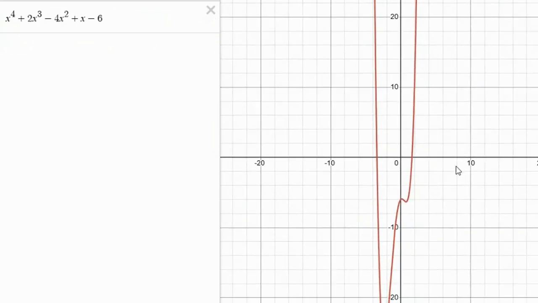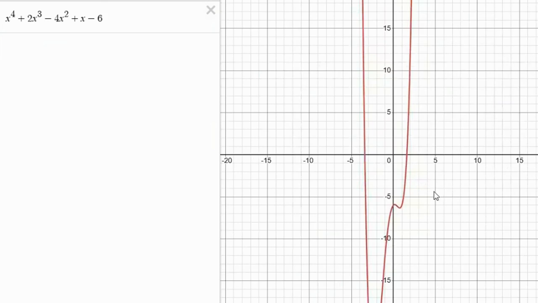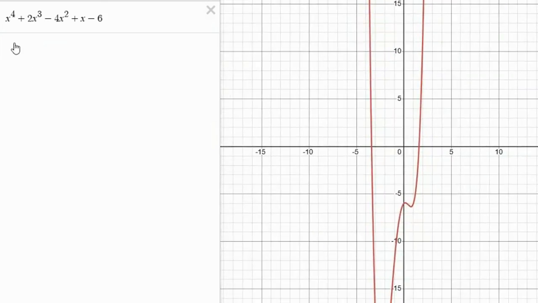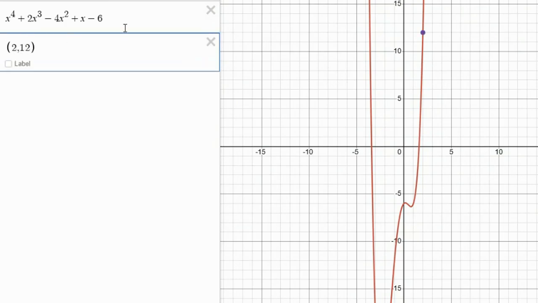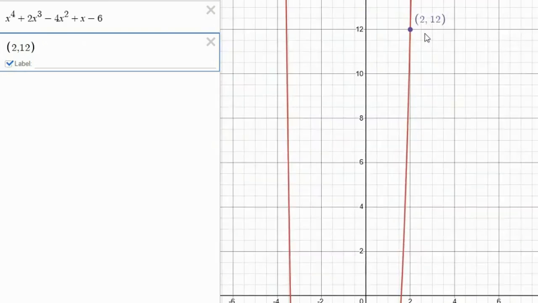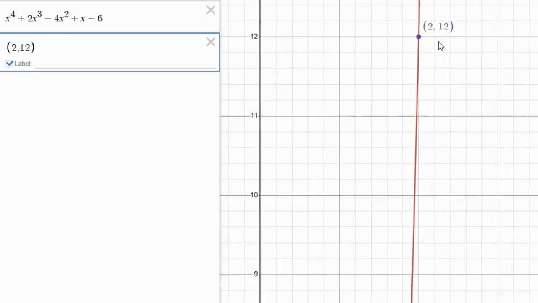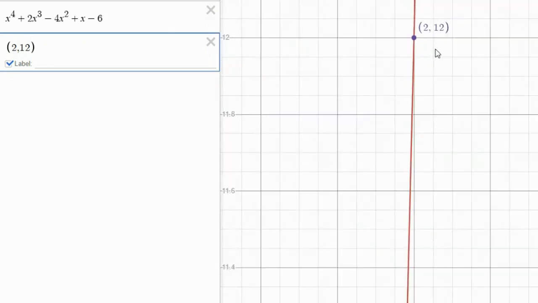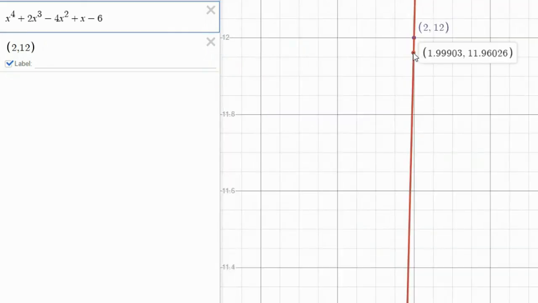And we said that on the graph of this function right here, we divided by x minus 2, we have a remainder of 12. So we're saying the point (2, 12) is on the graph. And looky there. That is actually a point on the graph. (2, 12) is on the graph.